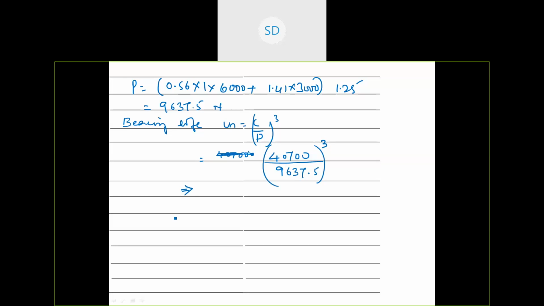That gives 70.316, about 75.31 millions of revolutions.